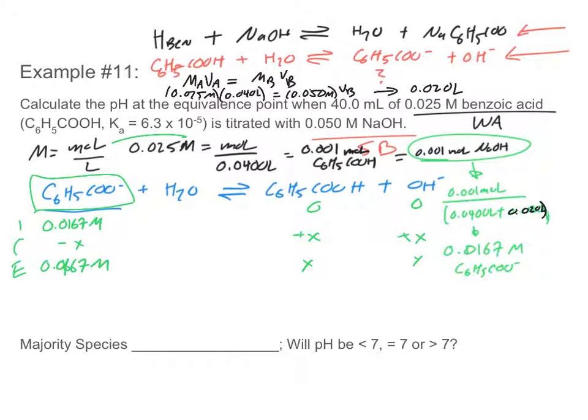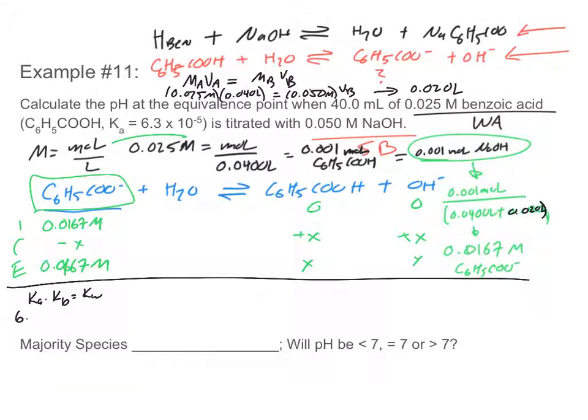So in order to determine my Kb, I need to remember that Ka times Kb equals Kw. So the Ka was 6.3 times 10 to the minus 5 times the Kb, which is what we need, equals 1.0 times 10 to the minus 14. Kb in this case will end up being equal to 1.6 times 10 to the minus 10.